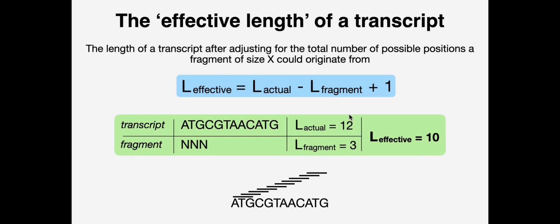So the effective length is an adjustment of the actual length, adjusting for the total number of places that a fragment of size x could have originated from. Rather than calculate that for each fragment in our library, we take a distribution of fragment sizes. You remember we actually entered fragment sizes into the Kallisto aligner.